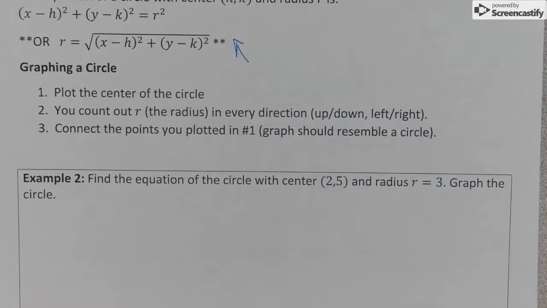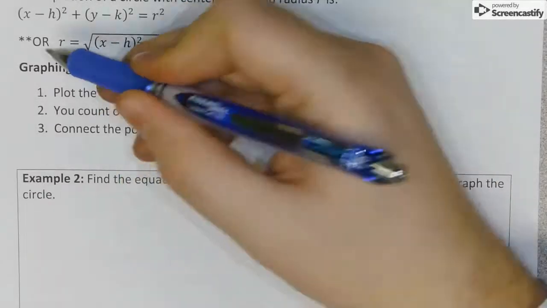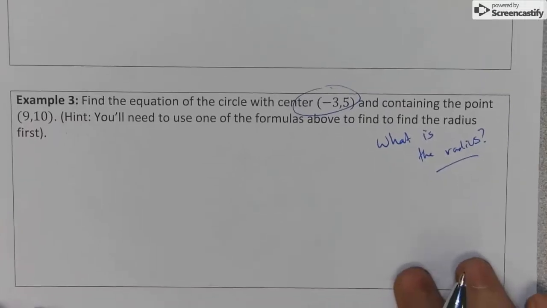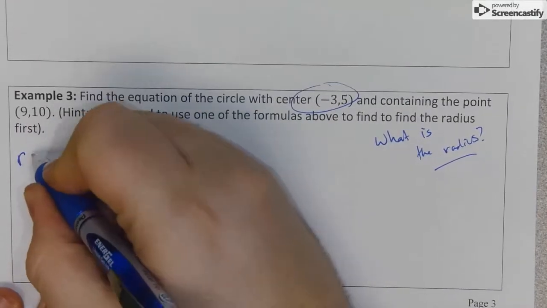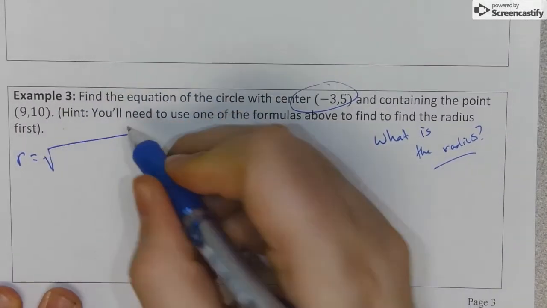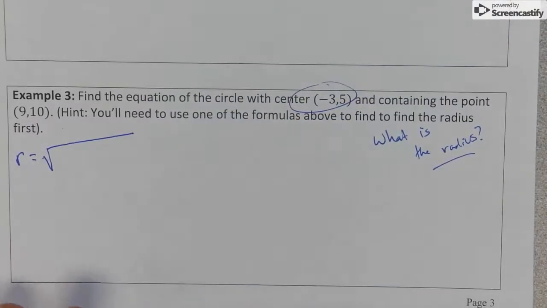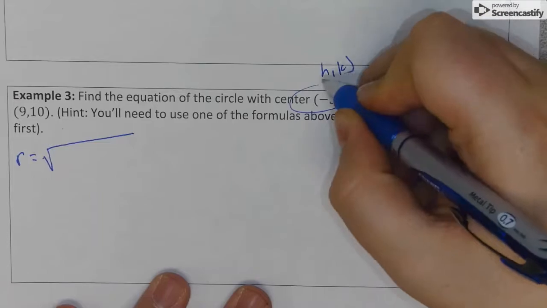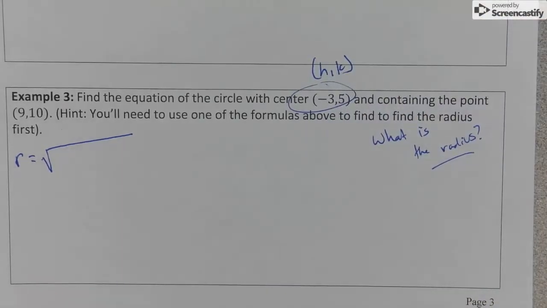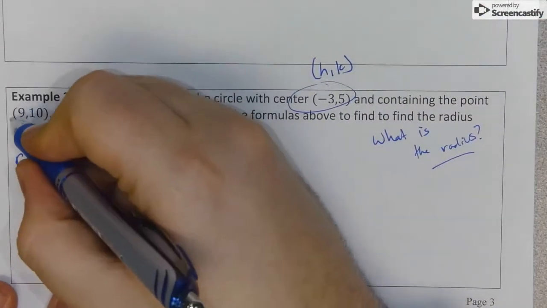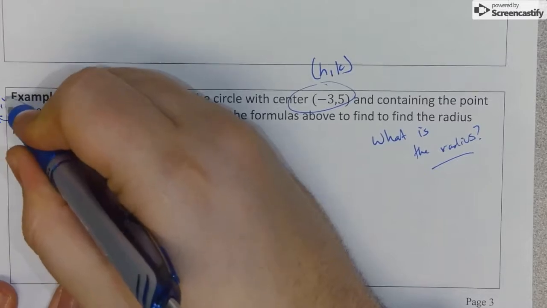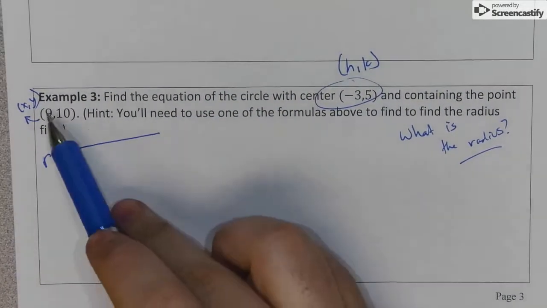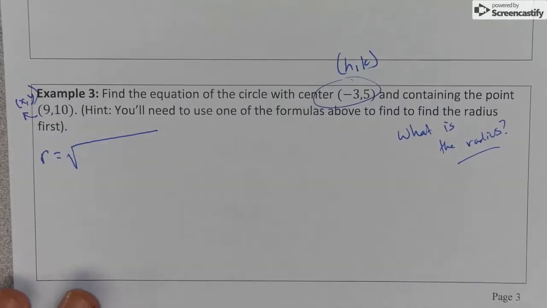So we're going to use that to determine the radius, because this will give us what r is. So in example 3, I'm going to use this equation to determine r. So r is the square root of, now here we have the center, which is going to be h, k, and we have this point 9, 10, which is going to act as the point x, y.